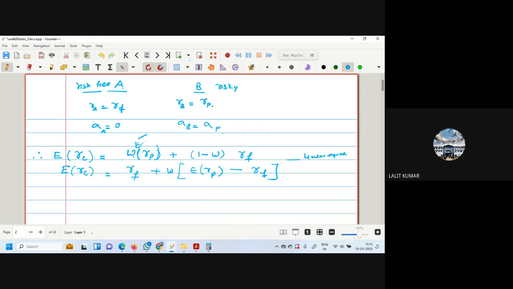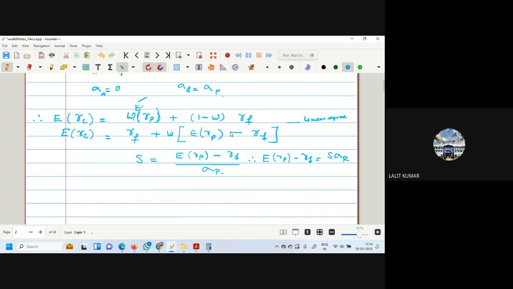Now they have introduced a new term, the Sharpe ratio, defined as ERP minus RF divided by sigma P. Therefore ERP minus RF is equal to S into sigma P. Now you use this in the formula, so ERC is equal to RF plus W into S into sigma P. This is one equation.